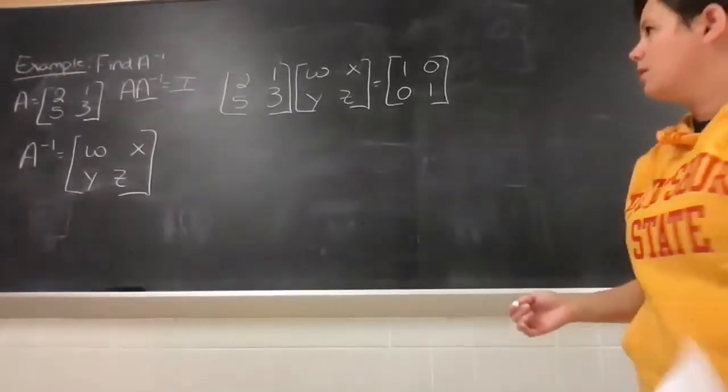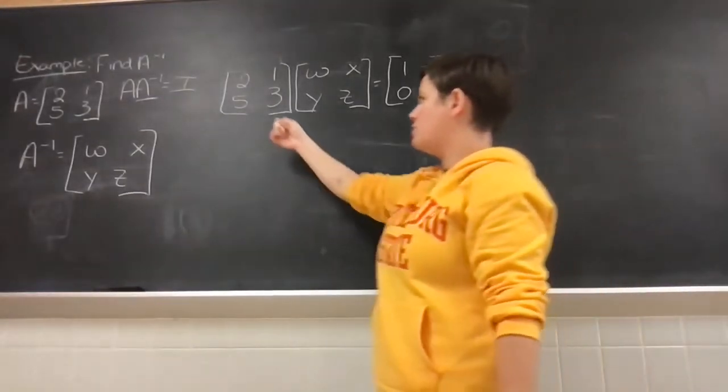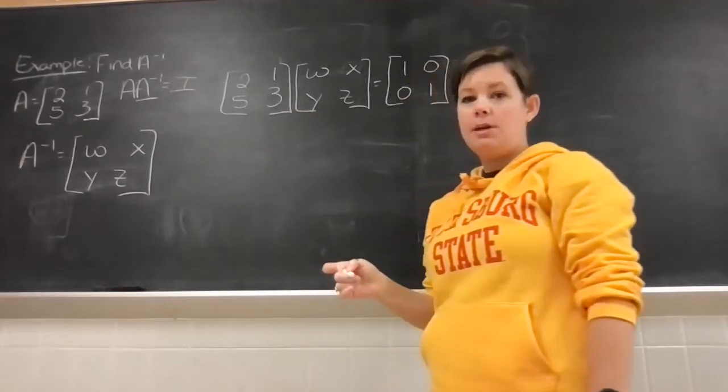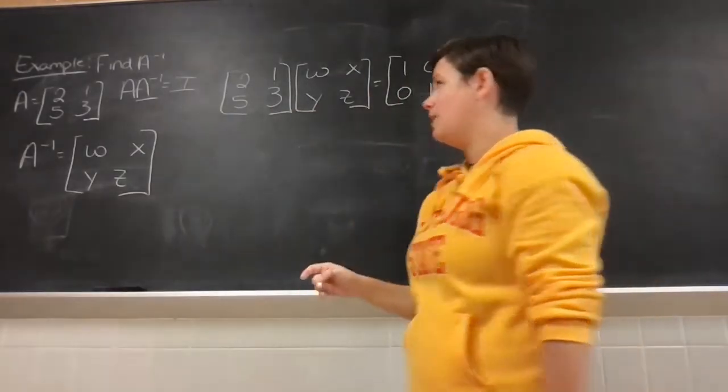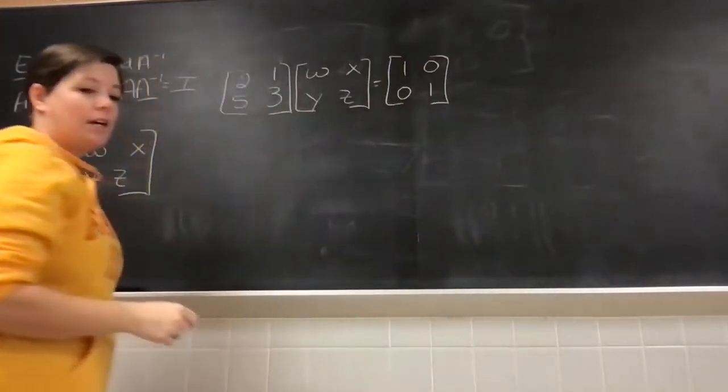Okay. Now, once again, I have two matrices and they are being multiplied. I can do that. That's my row by my column multiplication. It doesn't matter that these are variables, I can still do it.